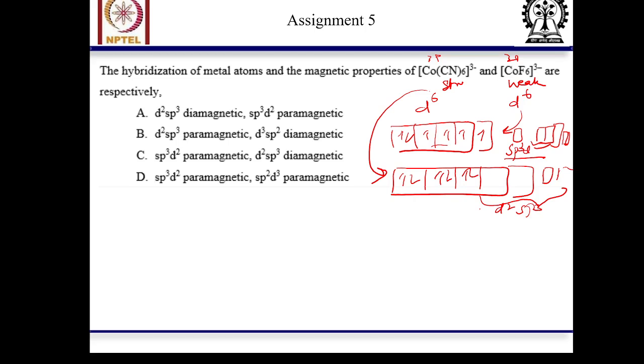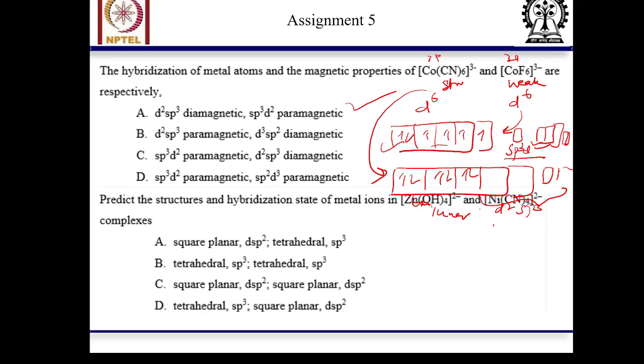So this is d2sp3, diamagnetic, inner orbital octahedral complex, and this is called outer orbital. So which is the correct one? [Co(CN)6] is d2sp3 and diamagnetic. So the first is the correct answer.